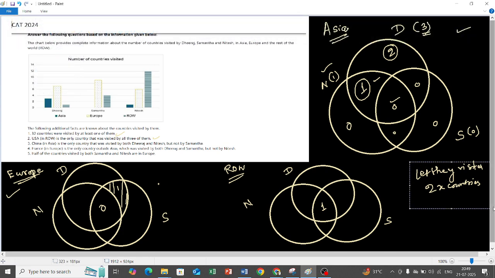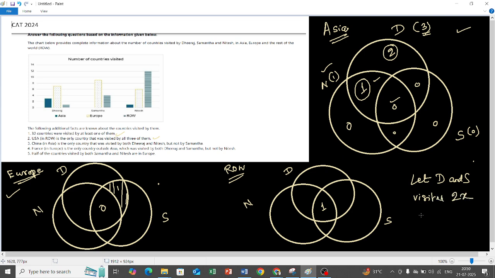Okay, let me write it over here. Let Dheeraj and Samantha visited 2x countries together. Why am I taking 2x? Because here it is given half. That's why I took 2x.